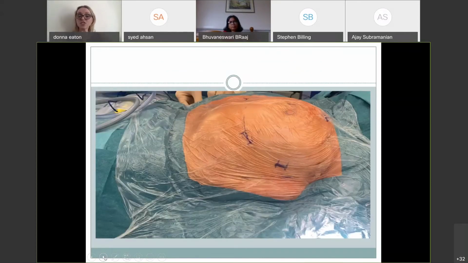So this is just to show you the incisions that we use. So we have 3 ports. We have 1 small anterior port, which is in the second intercostal space in the midclavicular line, and that's a small 5mm port. The camera port is put in laterally, just at the anterior axillary line, and that's a 10mm port.